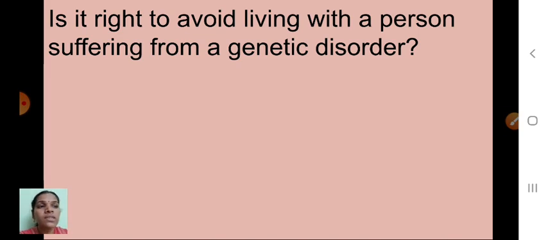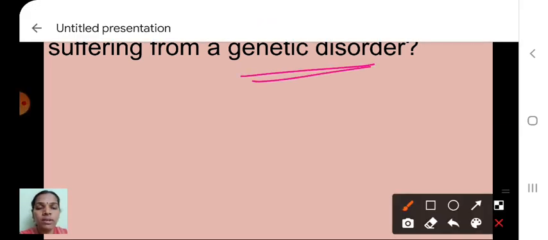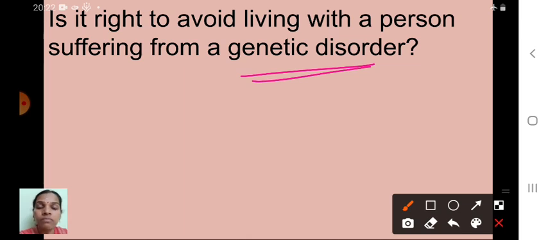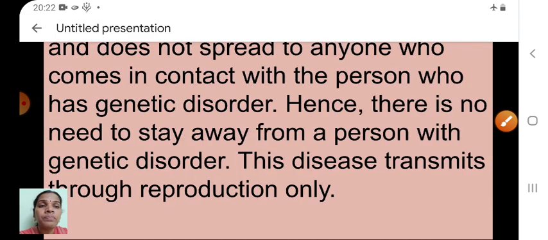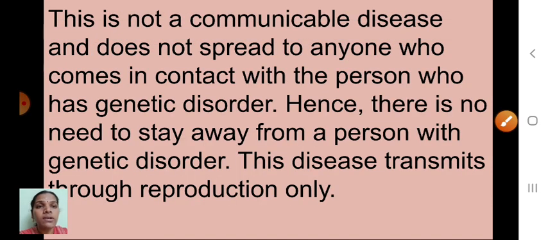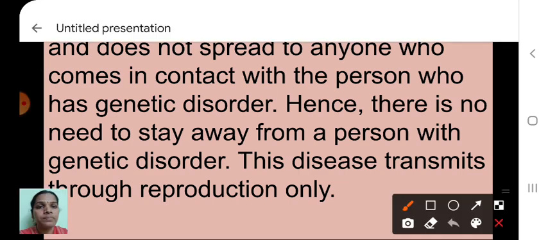See here, a genetic disorder is not a communicable disease. If it were a communicable disease, we would have to avoid living with that person. But this is a genetic disorder, so it is not a communicable disease. So we can live with that person. It does not spread to anyone who comes in contact with a person who has a genetic disorder.